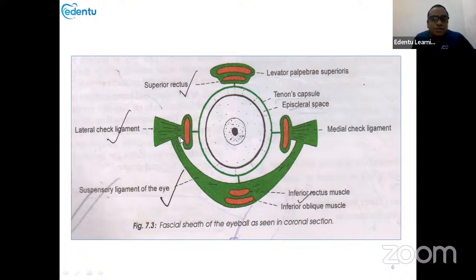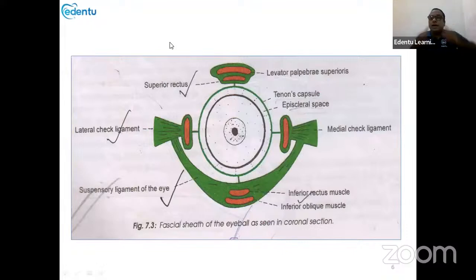So the brown one is muscle, the green one is ligament. From the medial check ligament to the lateral check ligament, you see a U shape, one swing going up. Here it is very narrow. Slowly, once it is coming in front, you see down here, it becomes what?